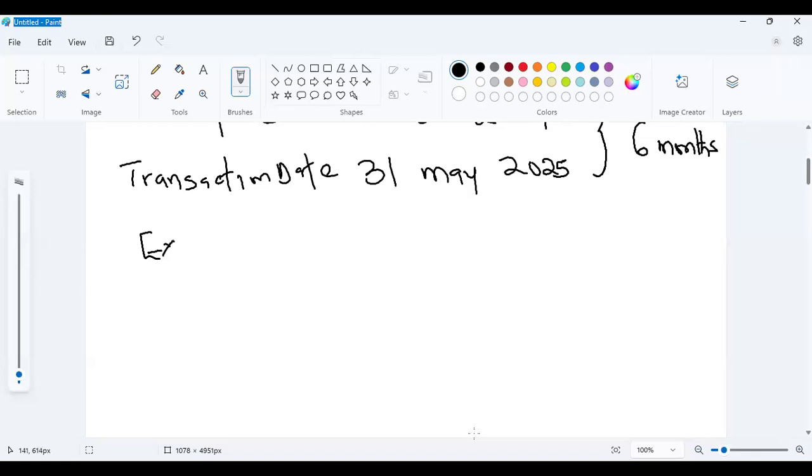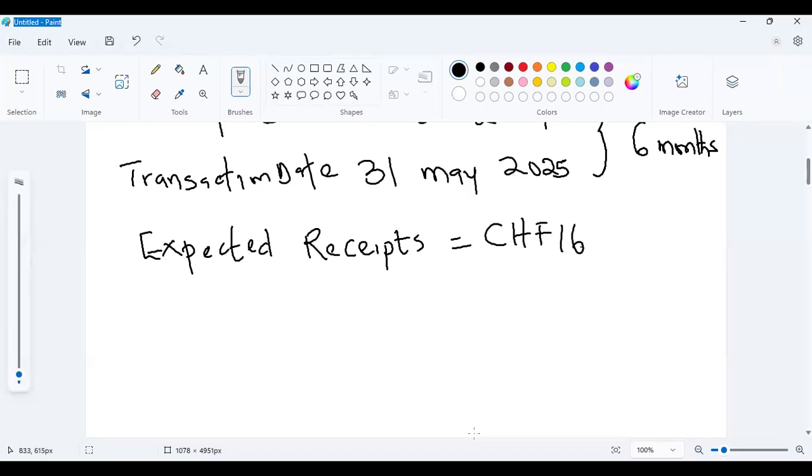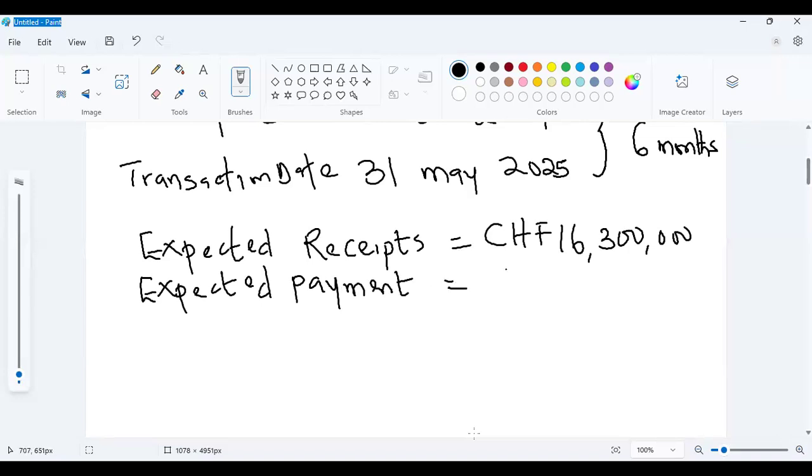Expected receipts in CHF, if you look at it, 16,300,000. Expected payments, also in 6 months, 4 million.